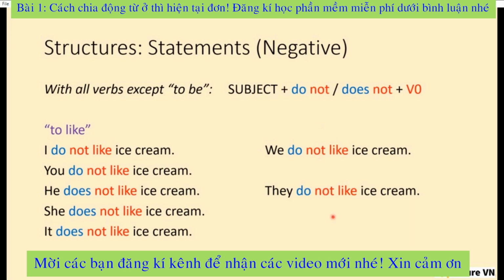Also, we use not in every case. The only thing that changes is the helping verb. I, you, we, they do. He, she, it does. In other words, we're using do as a verb 1 form.